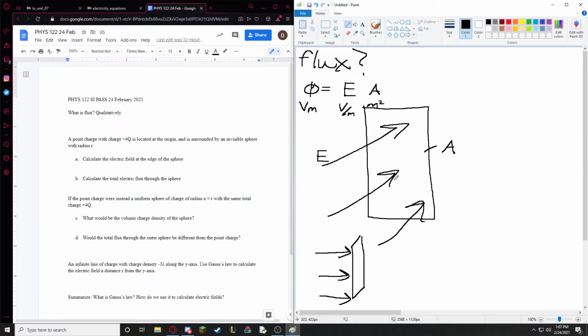But it's not always perfectly perpendicular, and the electric field isn't always perfectly constant. So does anyone know how we rectify that? What is the general form of flux?